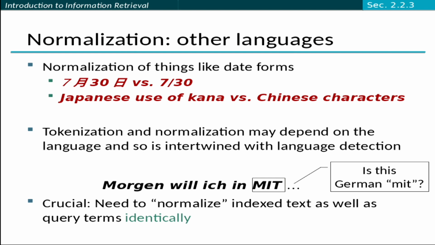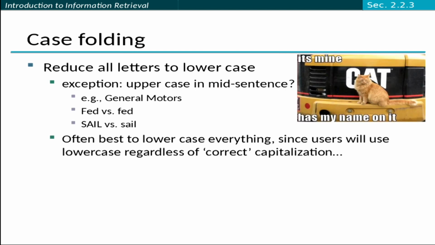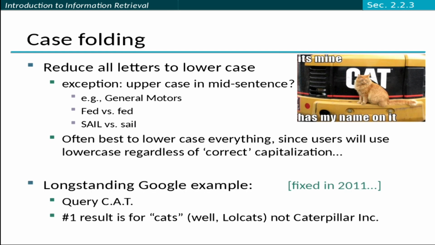So we need a way to normalize entries that must be indexed with the same terms. Another example is case folding. So in general, you can reduce everything to lowercase. But again, here there is a very interesting example.